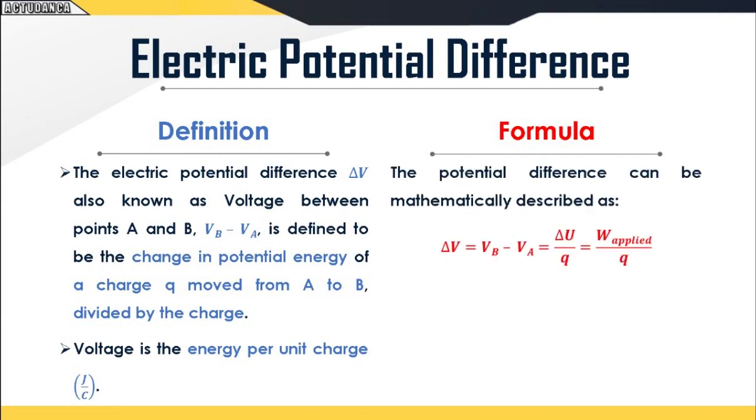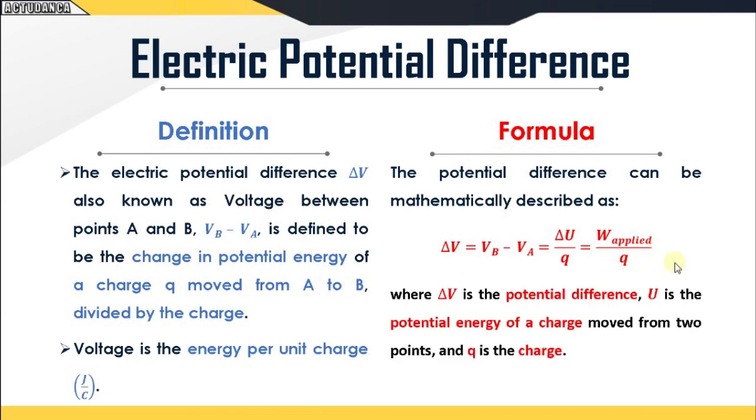We have the following formula for the electric potential difference. We have the delta V is equal to VB minus VA, also equal to the delta U over the Q, the test charge, and is also equal pa din sa ating work applied over Q. So we have the delta V, the potential difference, and U is the potential energy of charge moved from 2 points.